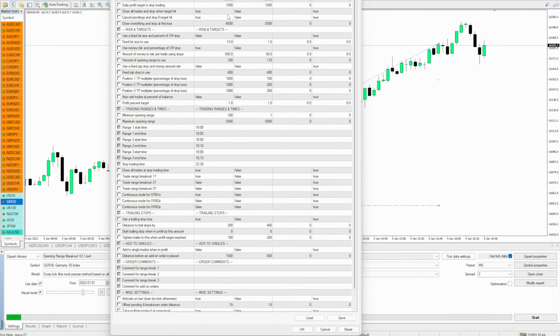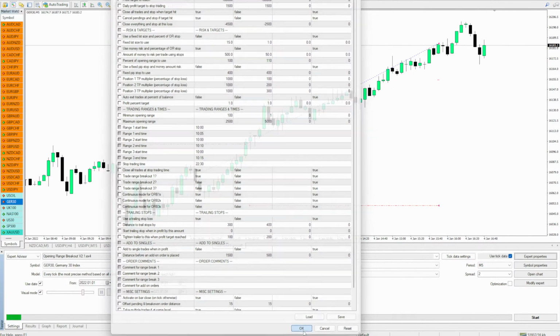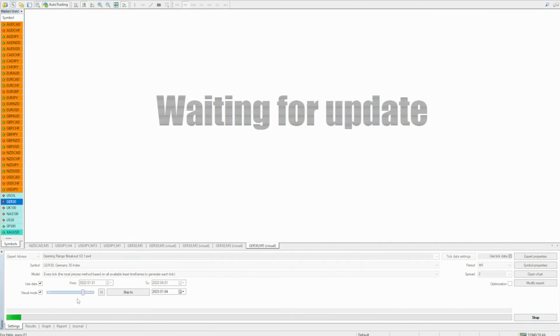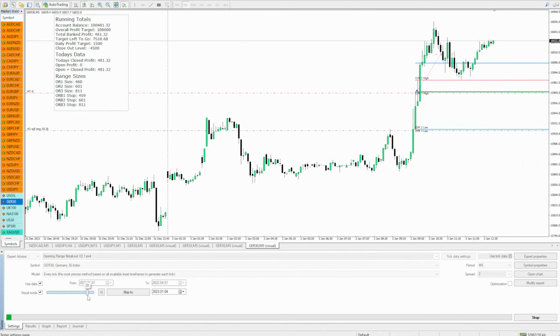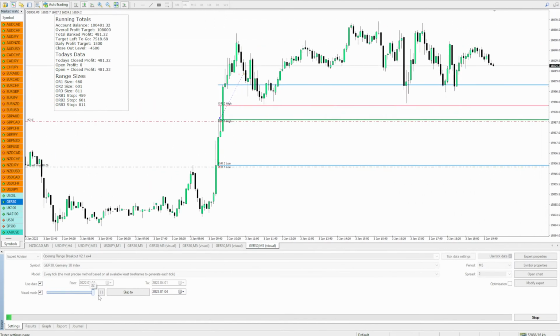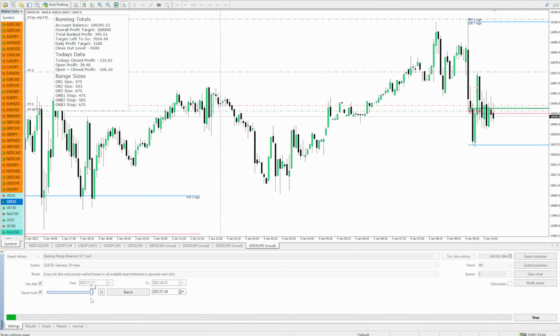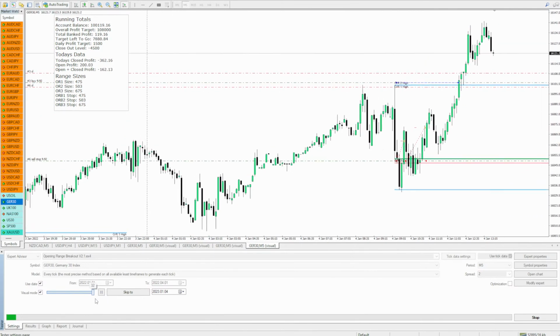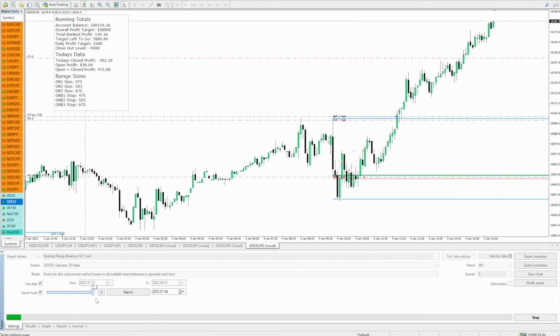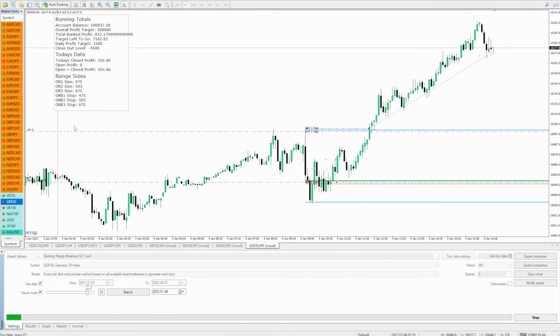Because I'm only using one entry though, it's a lot more difficult to hit target. But this does pretty much the same thing. But you'll see some days on this, if I let it run for a bit longer, you'll get these horrible rotation days where if you have a high loss limit like this, you'll find it will make big losses on some big choppy days.